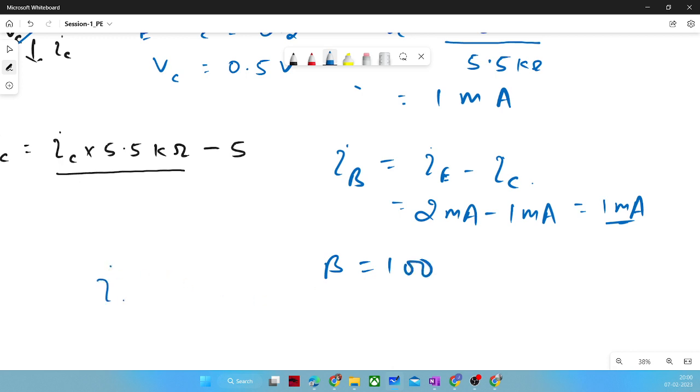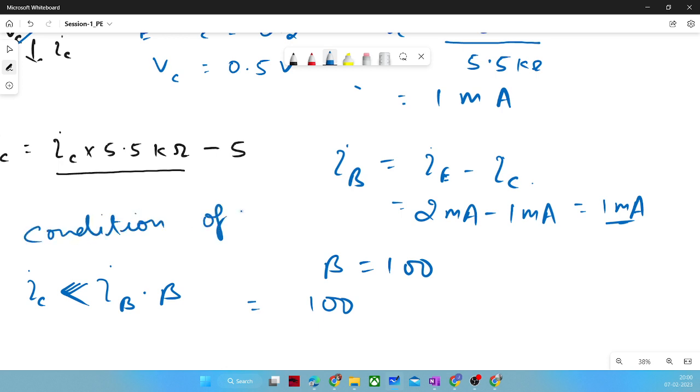So IC should be less than beta IB, so that will be 100. IC should be less than 100 from the condition of operation in saturation region.